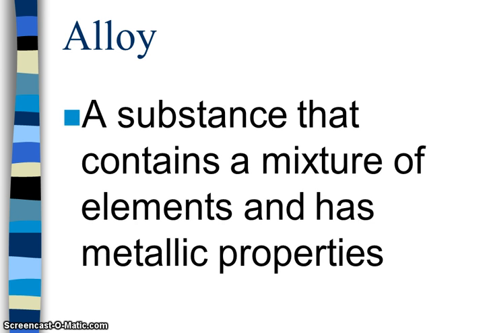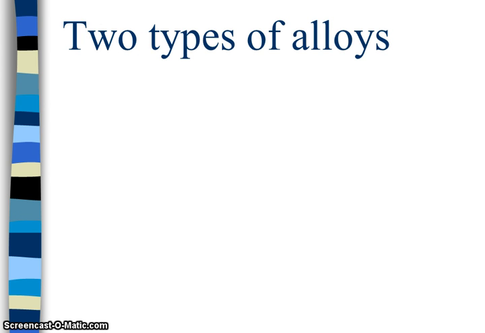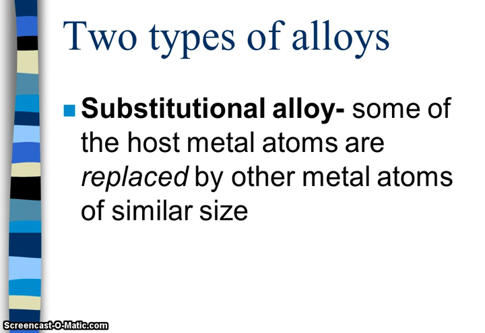Now we want to deal with alloys. And alloys are substances that contain mixtures of elements with metallic properties. And there are two types of alloys, depending on how the individual particles are arranged in the substance. Our first type of alloy is called a substitutional alloy.